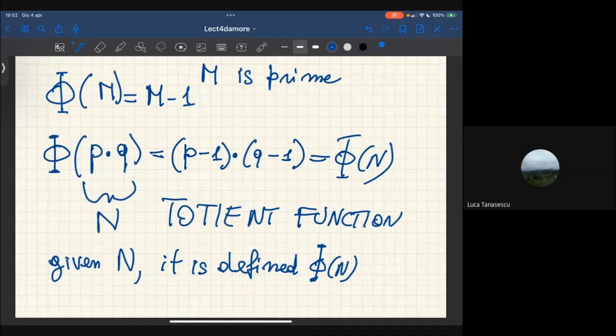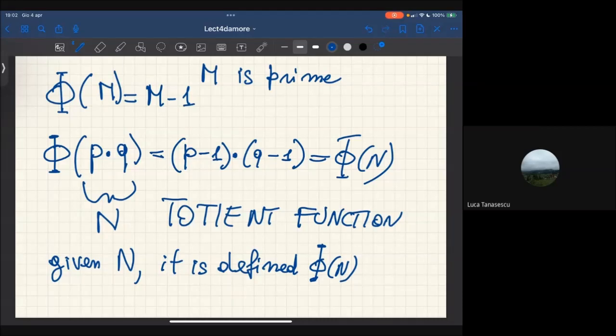And for knowing p and q, it is necessary to solve the problem of factorization. That is a very hard problem. So typically, if I give you n, you cannot find phi of n. I mean, it is easy for small numbers, but for very, very big numbers, it is very hard to find phi of n. So given n, phi of n is a secret. Only Alice that is generating all things is able to know phi of n.